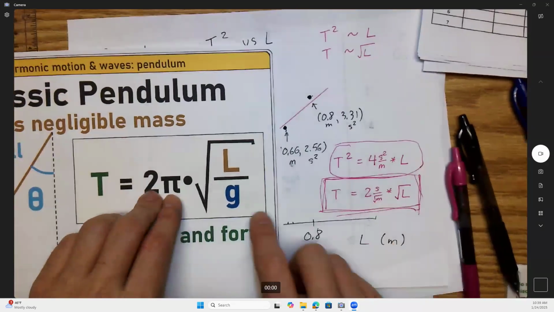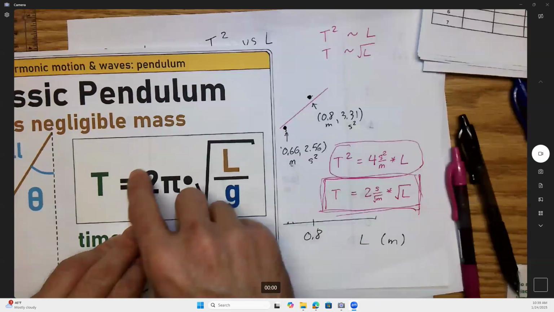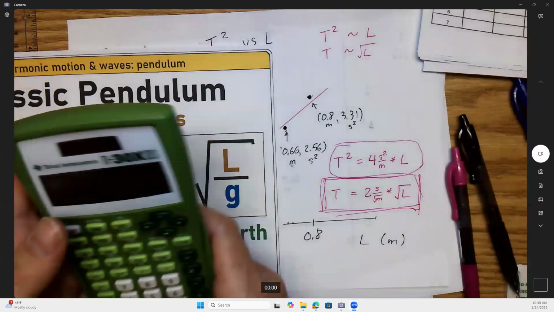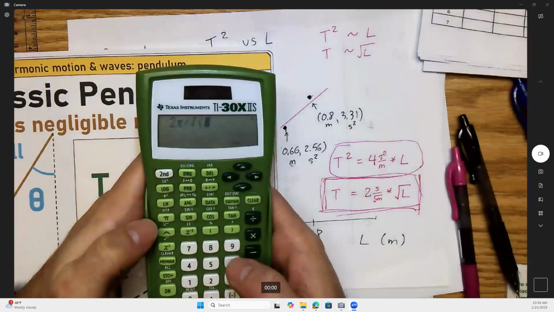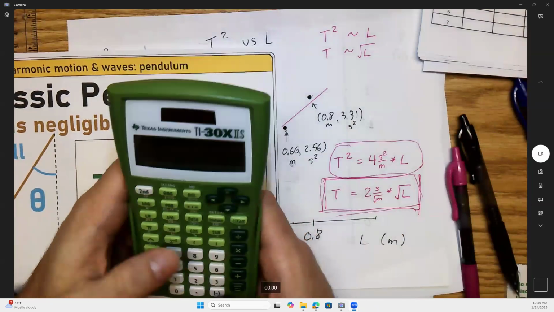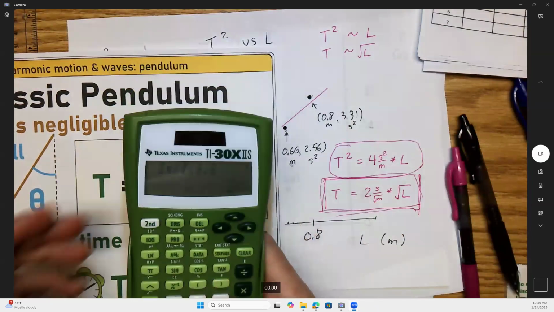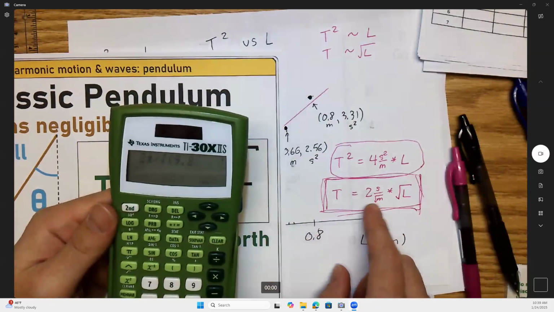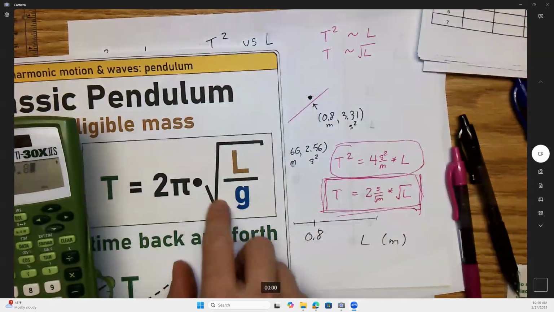If I do 2 pi divided by the square root of g, what should that be? Should it be about this number right here? What number should I type for g? 9.8. I just did 2 pi divided by the square root of 9.8.